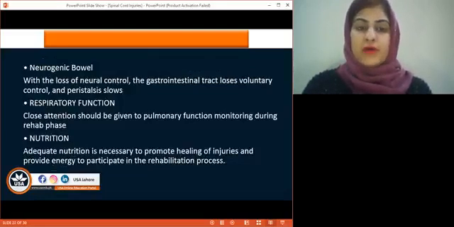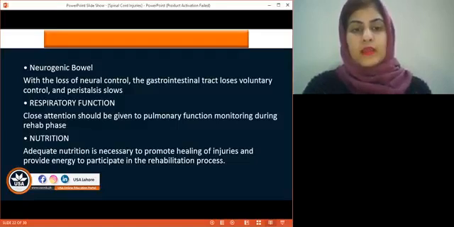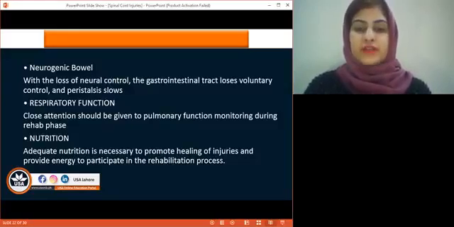For neurogenic bowel, with the loss of neural control, the gastrointestinal tract loses its voluntary control and peristalsis slows. For respiratory function, close attention should be given to monitoring pulmonary function during the rehabilitation phase.